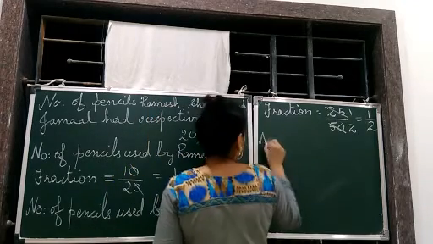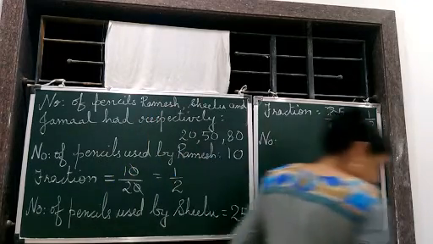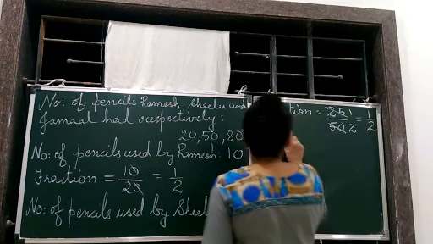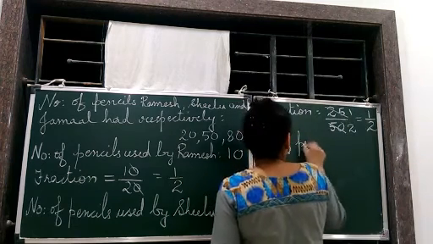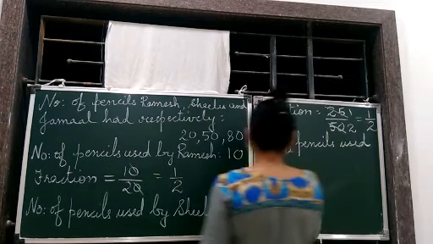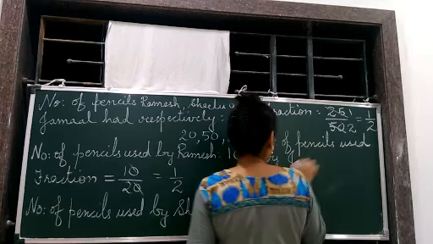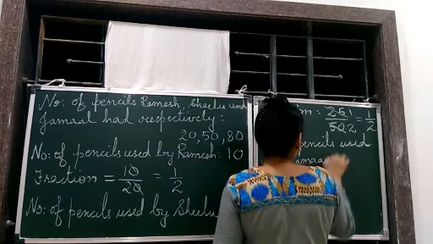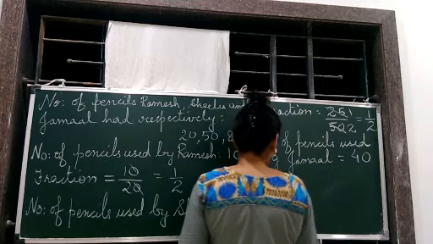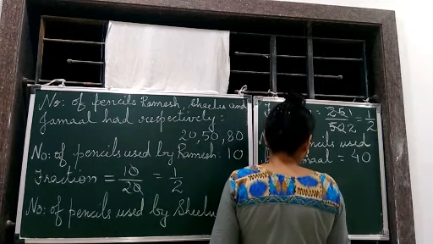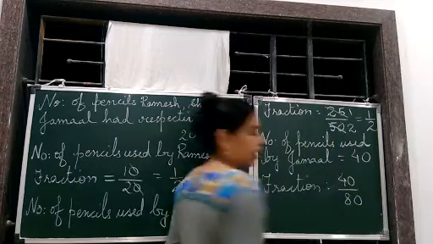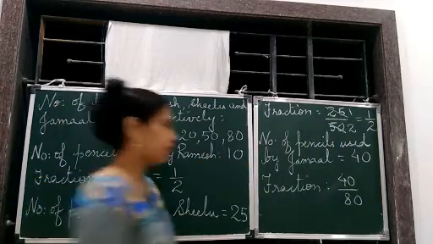Then number of pencils used by Jamal. Is the spelling correct of Jamal? Correct. How many did he use? 40. And the fraction will be, out of 80 he used 40, that is 40 by 80.